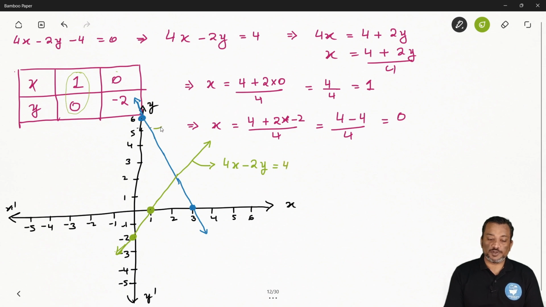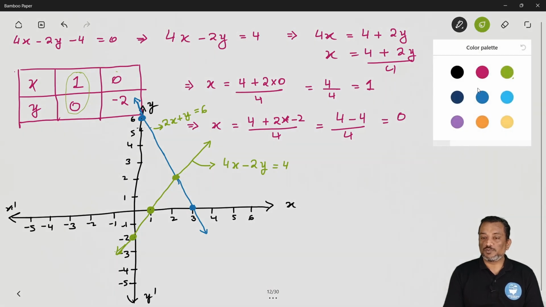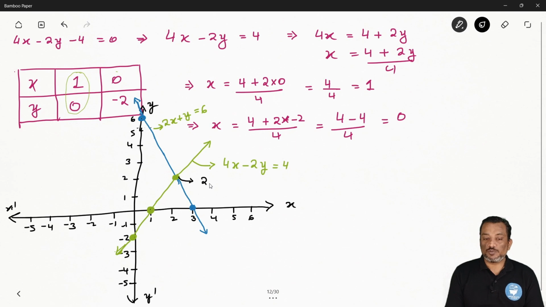And this equation is for 2x plus y is equal to 6. Now they both are intersecting here. So this point is equal to how much? This is 2, 2. So one common solution, because intersecting lines are forming. Hope you are clear with this one.